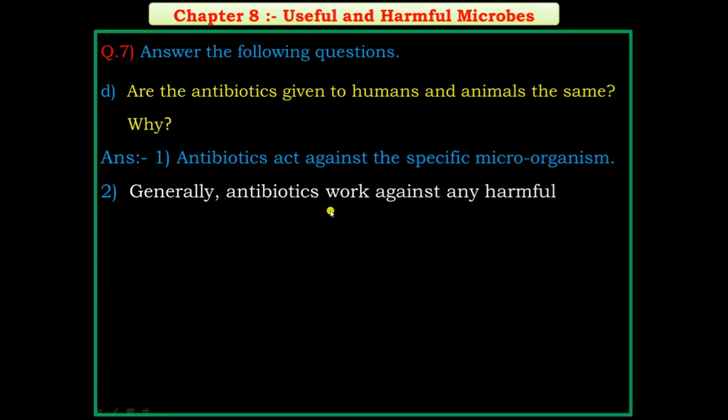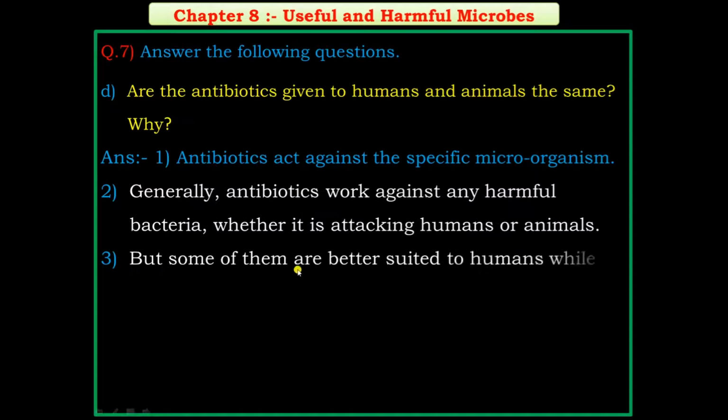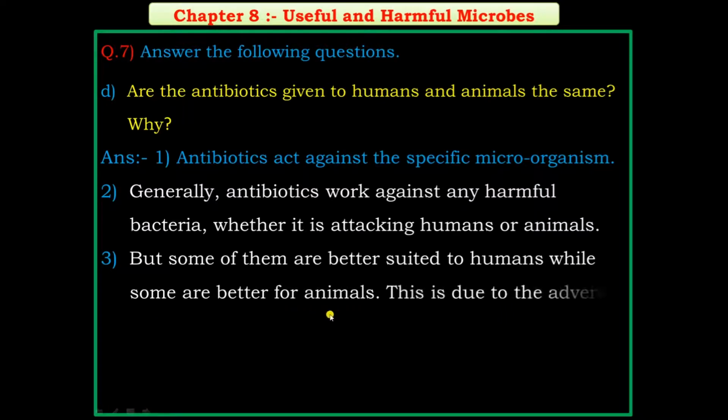Generally, antibiotics work against any harmful bacteria, whether it is attacking humans or animals. But some of them are better suited to humans, while some are better for animals. This is due to the adverse effects they show in different species.